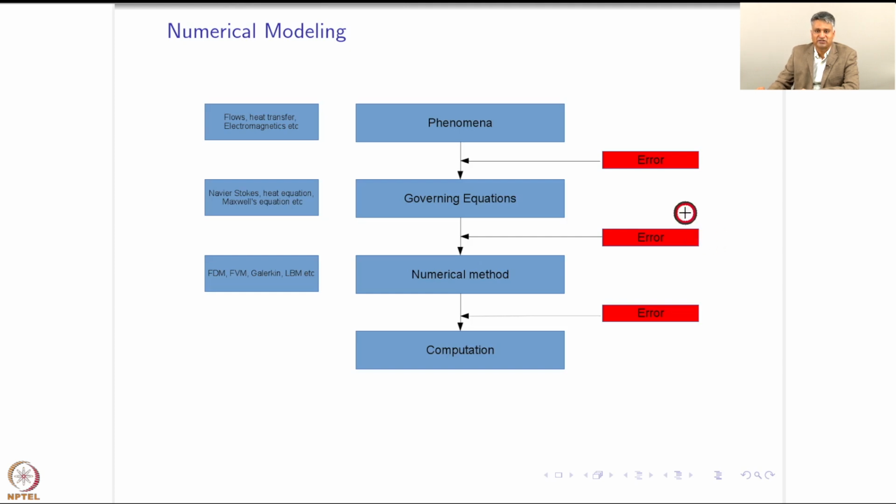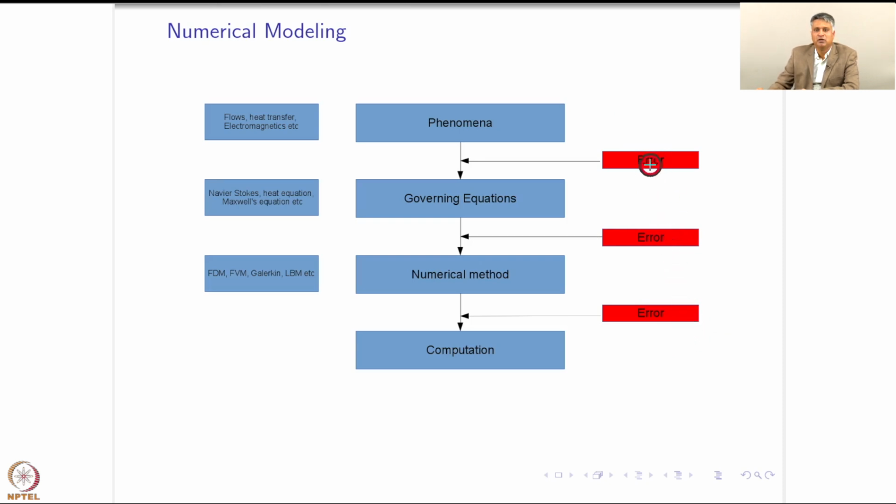So we have errors adding up from the accuracy of the governing equation, the accuracy of the numerical method, and the arithmetic precision. The entire game of numerical modeling is to balance all these errors, or rather have reasonable parity between them.